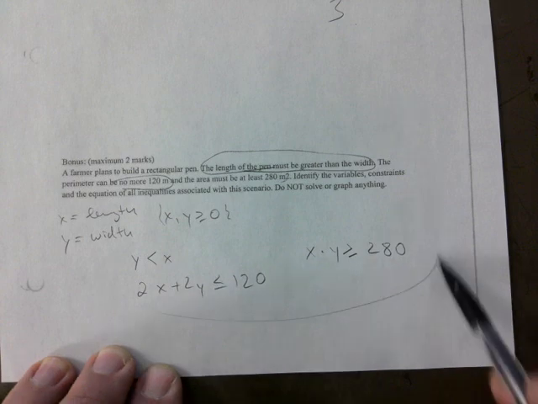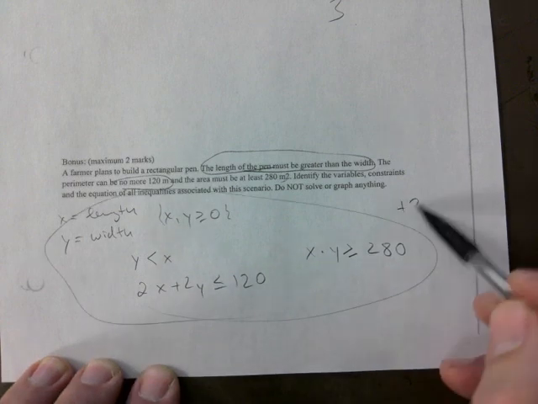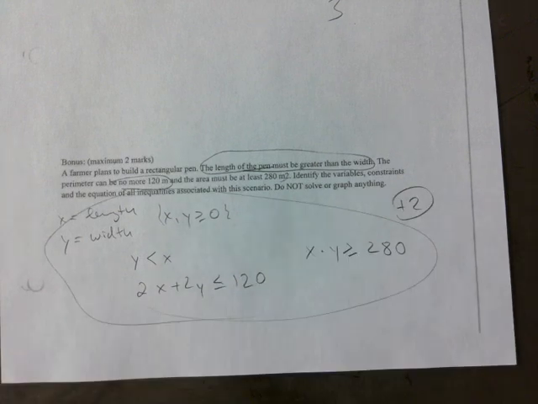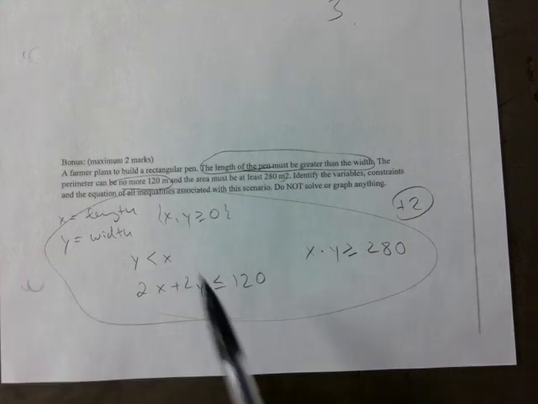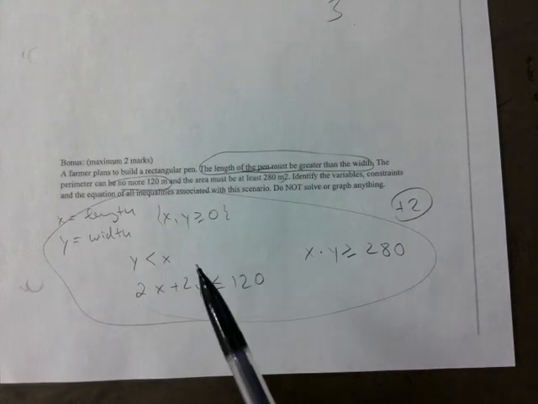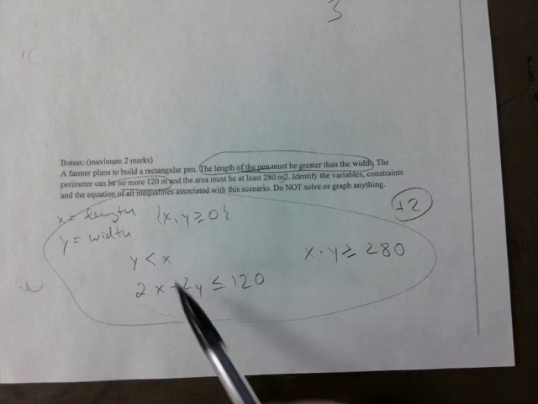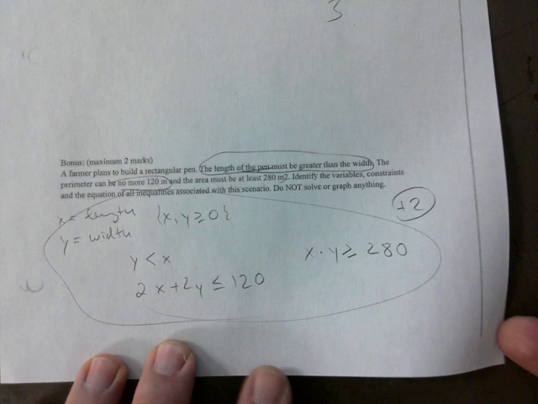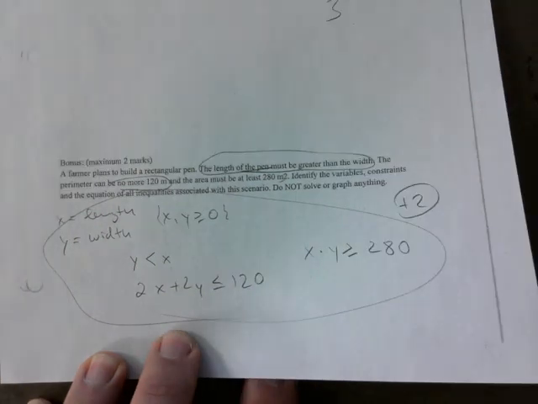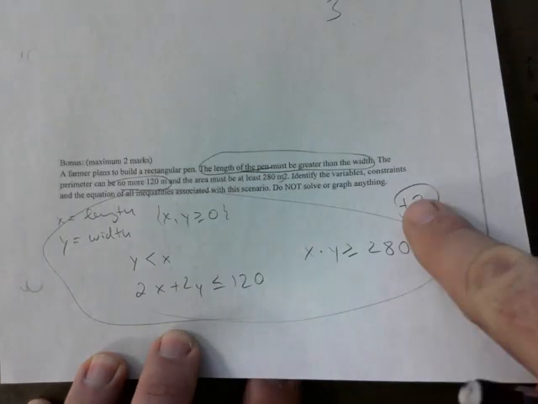If you have one of them, I give you half. If you have 2, I would give you 1. So half a mark for 1, 1 mark for 2, and then if you have all 3 inequalities, I give you a bonus of 2. So we are out of 16 plus the 2, right? So you can technically score 18 out of 16 provided that you got everything right.